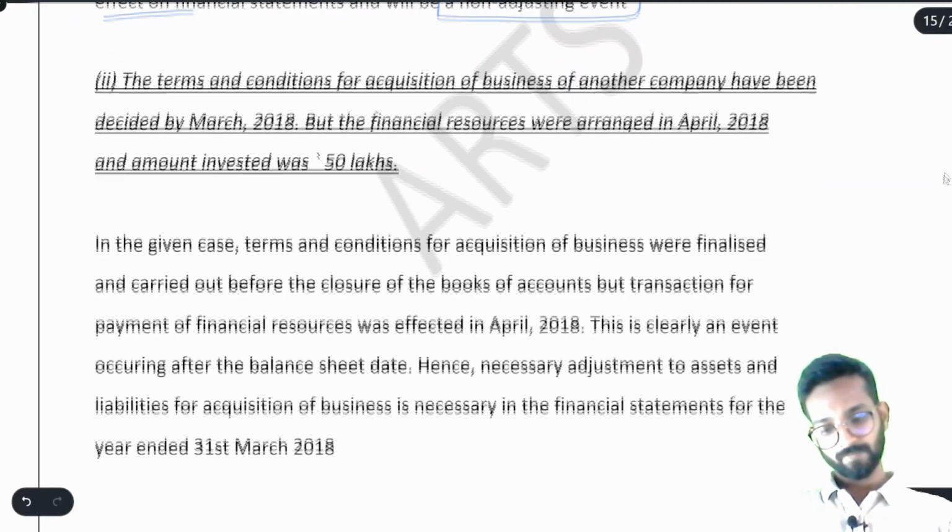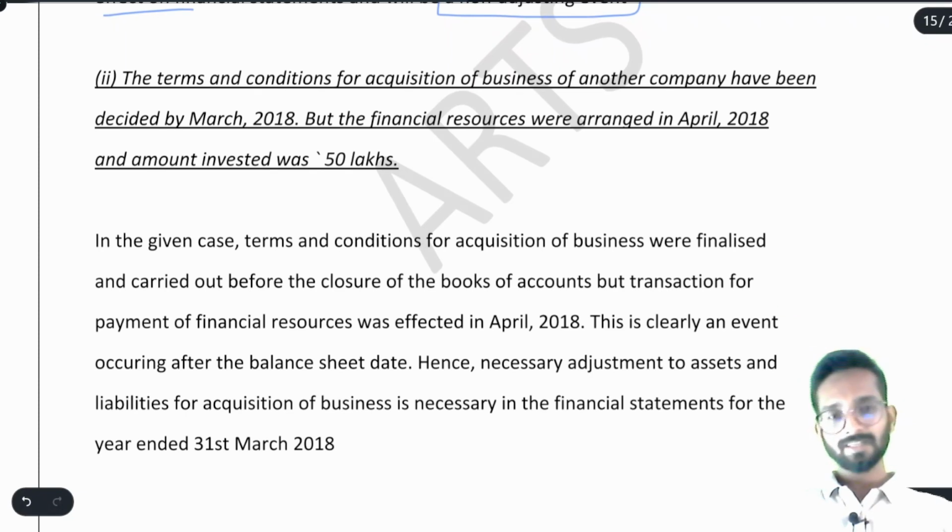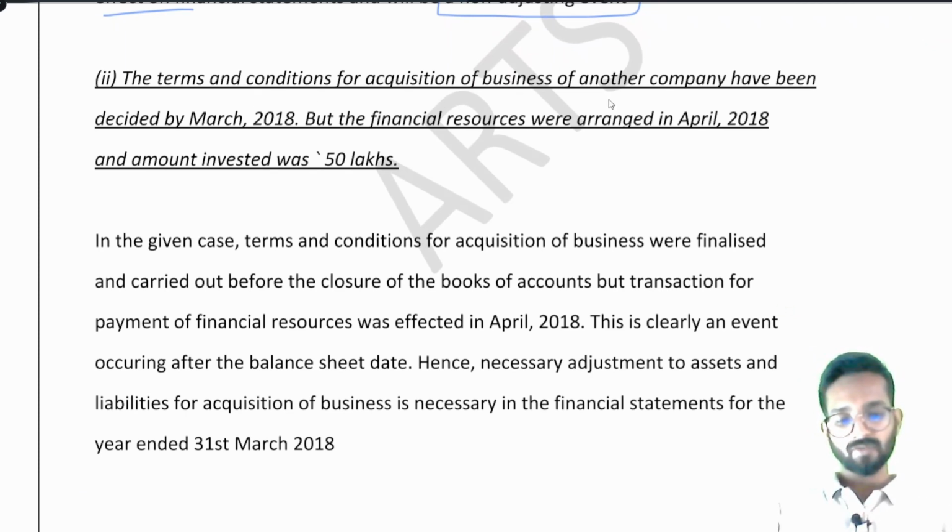Okay. Now, the terms and conditions. See, now many questions might be repetitive also. The terms and conditions for acquisition of business of another company have been decided by March 18. But the financial resources were arranged in April and the amount invested was 50 lakhs. It means they are saying in March terms and conditions are finalized. That is important. Terms and conditions were important. They are finalized. Amount can be transferred later. That is no problem.